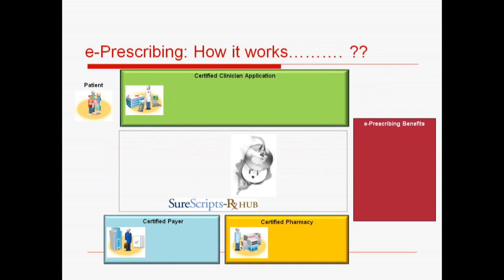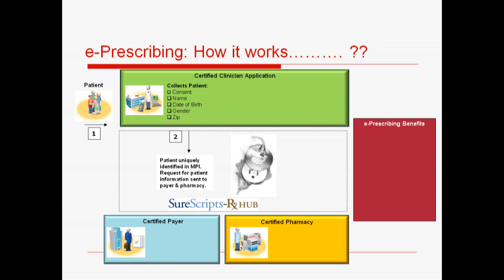Now moving forward to our next slide, which is indicating how electronic prescribing, or e-prescribing, works. The first step is from the patient to the certified clinician application, which collects from the patient information like the consent, his or her name, date of birth, gender and zip.